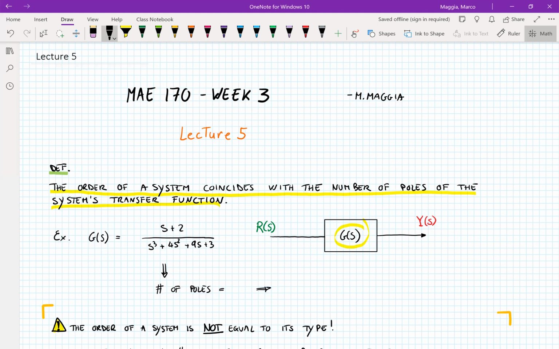The poles are the roots of the denominator when equated to 0. And since the denominator is a polynomial of the third degree, then we are going to have 3 poles. So the number of poles is equal to 3, and therefore this describes a third order system.